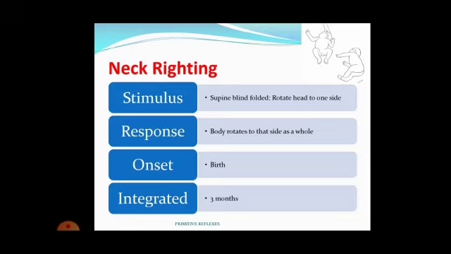The body will also rotate to that side as a whole, because here the child has not achieved segmental rotation yet. Clear? So when will it start? It will start from birth and it will be integrated at the age of 3 months. Clear? So very simple. When you rotate the neck, the child will also rotate to that side, because the child has not developed segmental rotation yet. Clear? So that was regarding neck righting reflex.